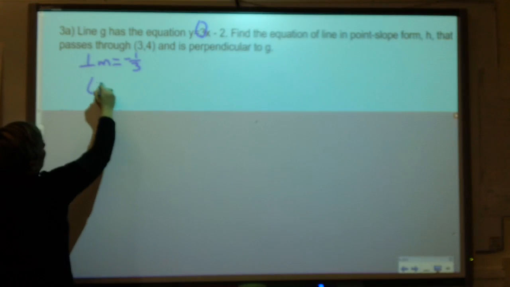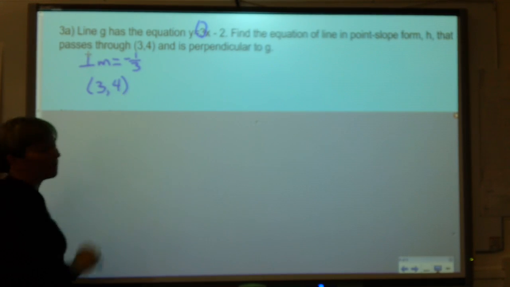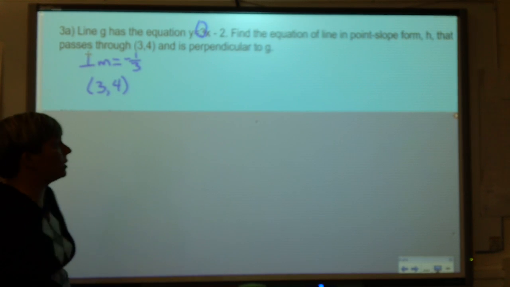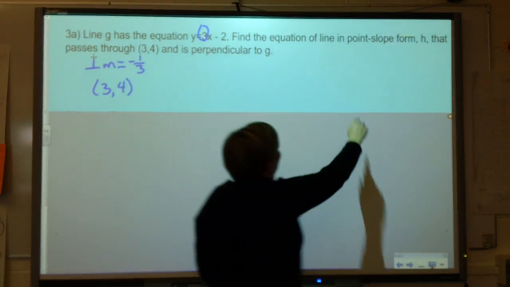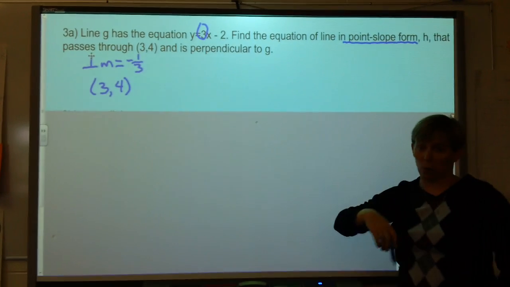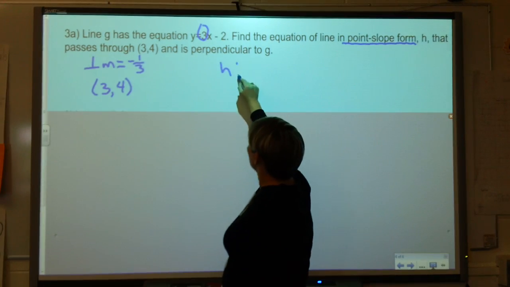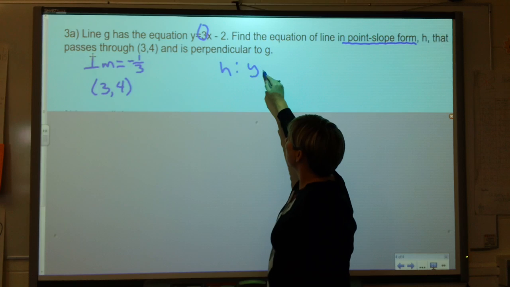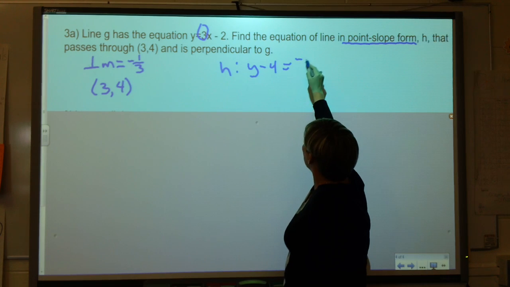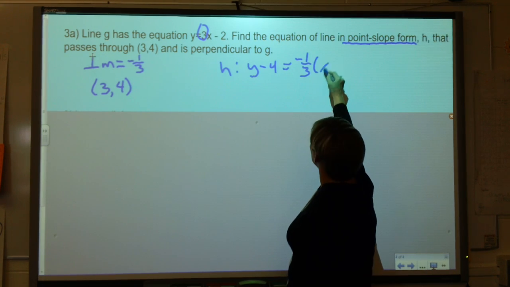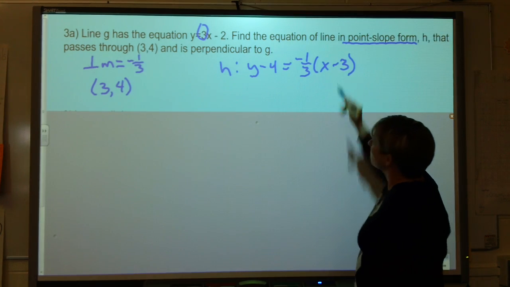And the problem says I'm going through the point 3, 4. So again, I'm going to use my point slope form, especially since I want my equation in point slope form. So I'm going to say H has the equation y minus 4 is equal to negative 1/3 times x minus 3. And that's my answer.